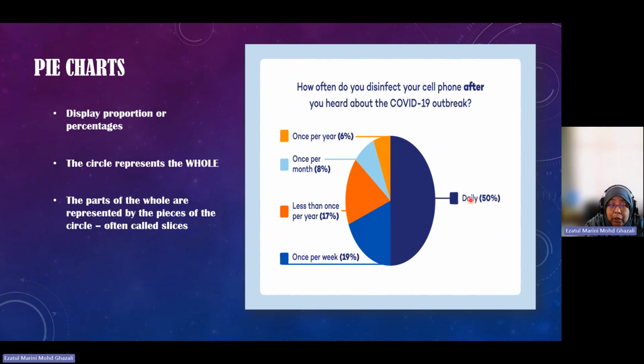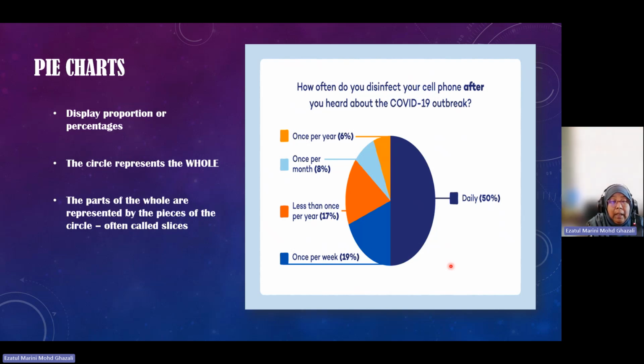Right. If we look at the pie chart, we can see that the large number of users, cell phone users, disinfect their cell phone daily, every day, and only 6% of the cell phone users disinfect their handphone or cell phone once per year.